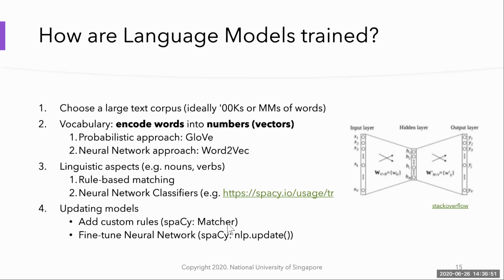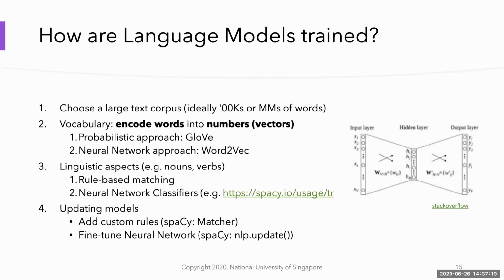There's a simple way to add it, to match characters to particular tags or rules, and to process when you see a particular sequence. Or you can use their update to fine-tune their neural network, so basically fine-tune the word to vector part so that this is updated and this is also updated. So that's how they are trained.